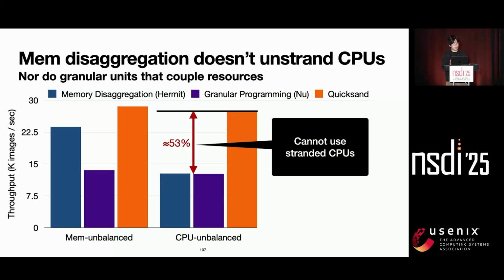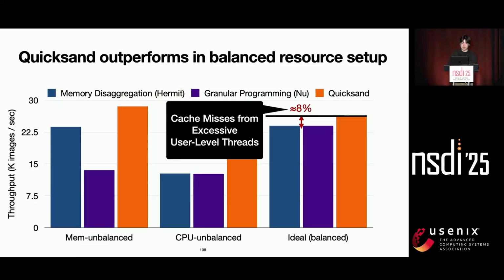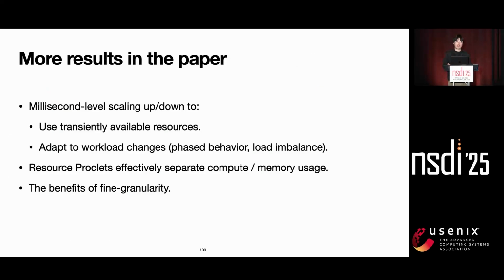This is because neither memory disaggregation in the case of Hermit nor granular units in the case of Nu unstrands CPUs. Quicksand even outperforms baselines by 8% in the balanced setup because it splits the right number of compute proclets to match available CPU cores. In contrast, both Hermit and Nu spawn a large number of user-level threads, causing excessive context switching and poor cache behavior.